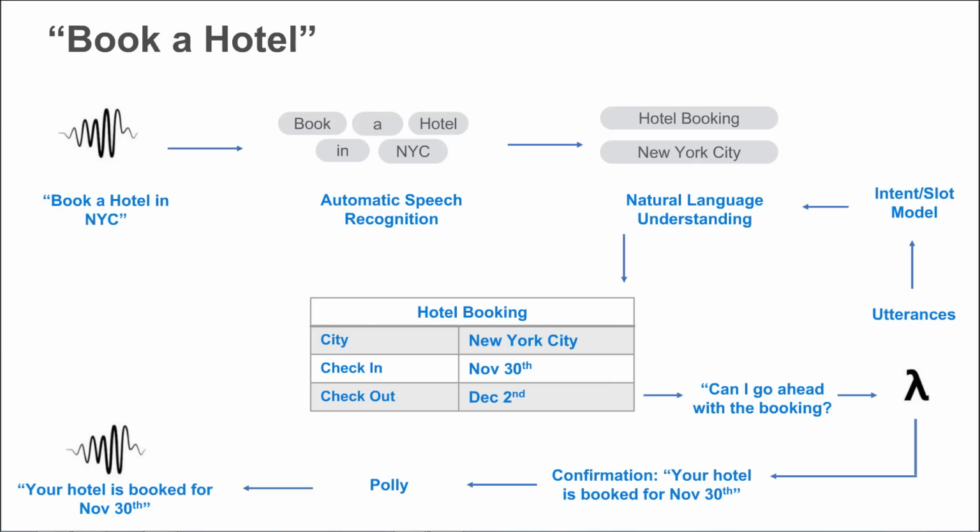Once Lambda executes and the control comes back to the Lex runtime, you can also provide a message back saying hotel is now booked for the 30th of November. That text is then sent to Polly, which is our system. It's converted into audio, and then sent to the user. That's kind of the flow for requests that come into Amazon Lex.